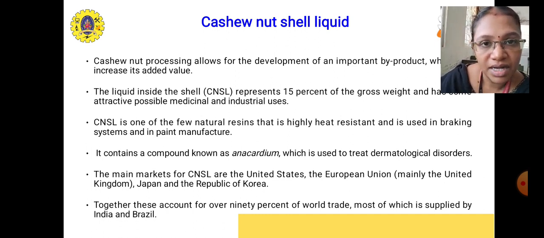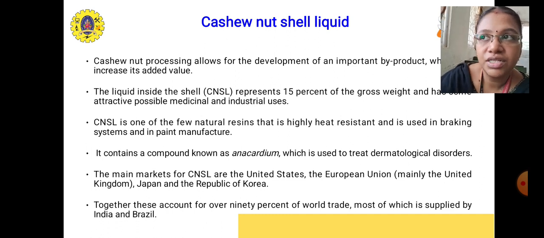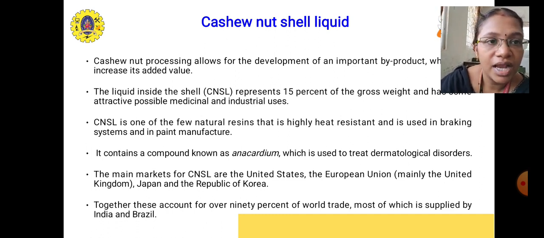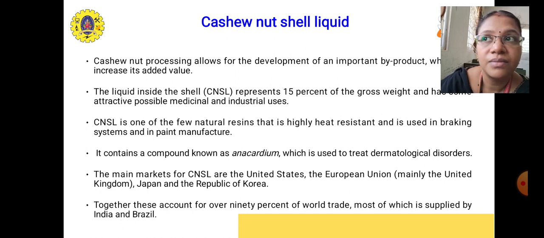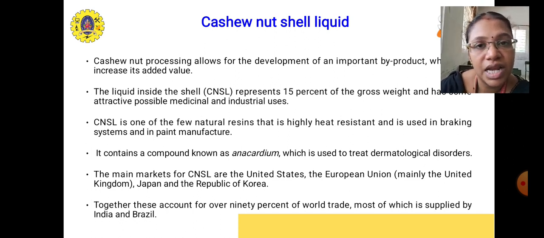The main markets for cashew nut shell liquid are the United States, the European Union, mainly the United Kingdom, Japan and the Republic of Korea. These places make use of this liquid on a larger scale.